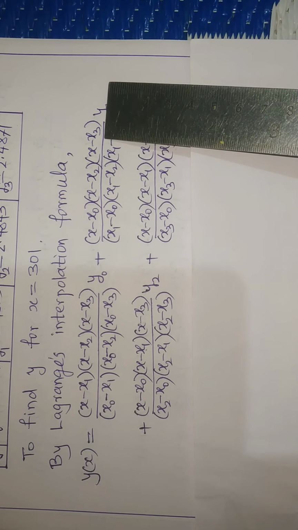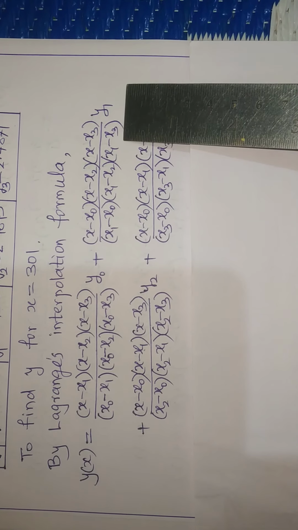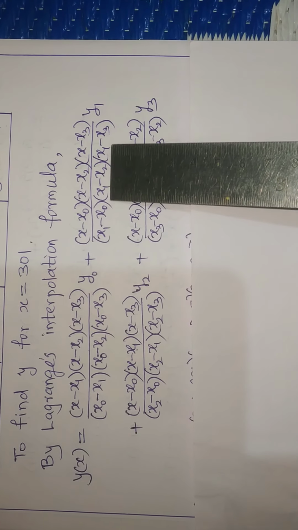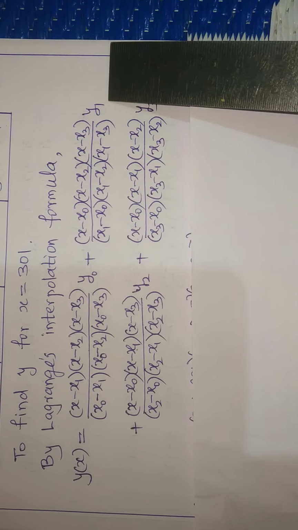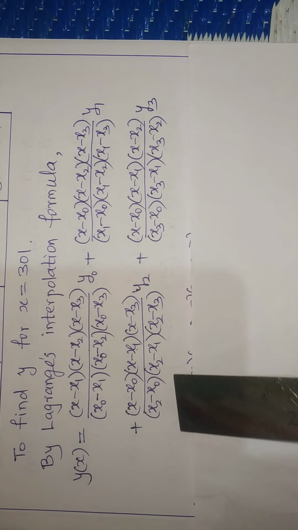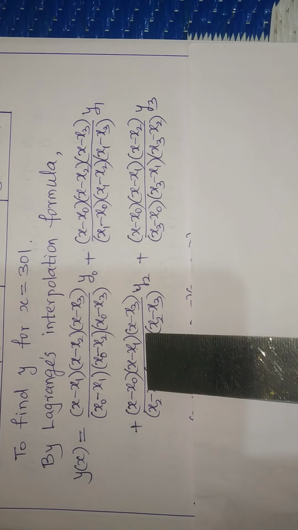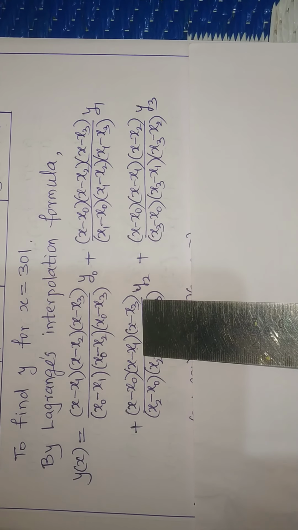Here we have skipped the point x1 and the denominator here, every bracket is subtracted from x1. So x1 minus x0, x1 minus x2, x1 minus x3 and the quotient is multiplied by the functional value of x1, that is y1.